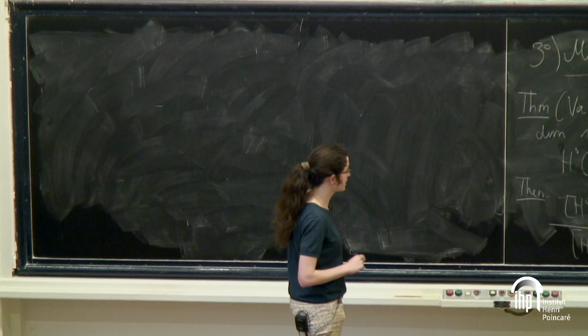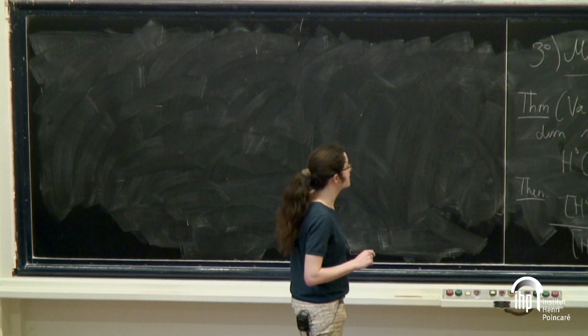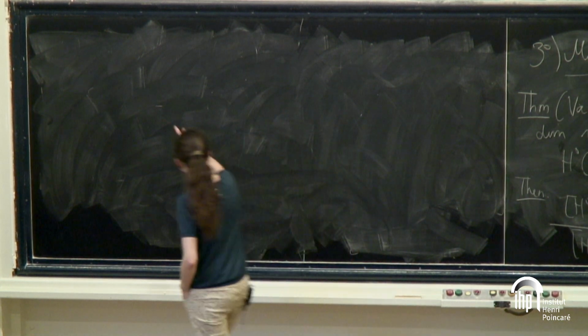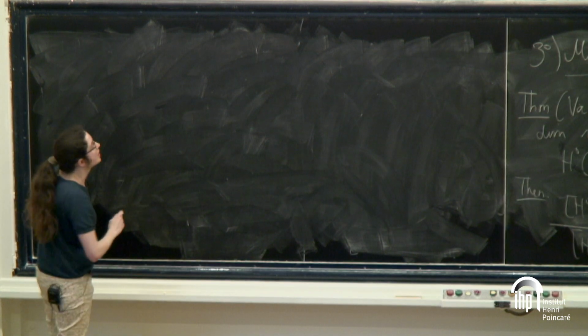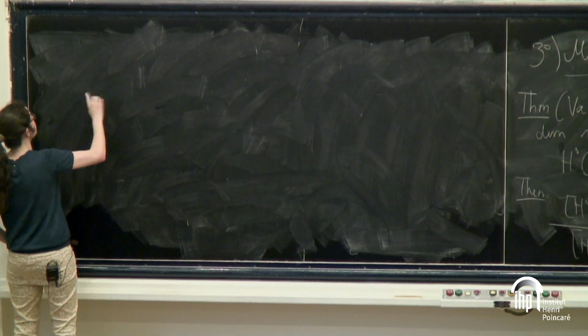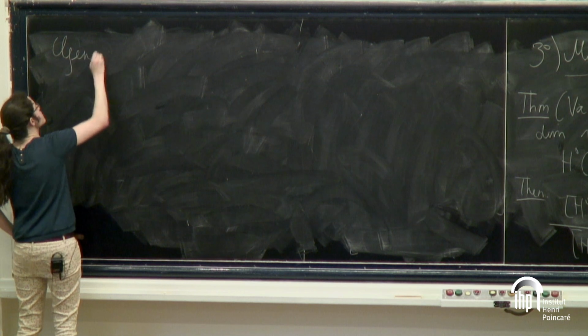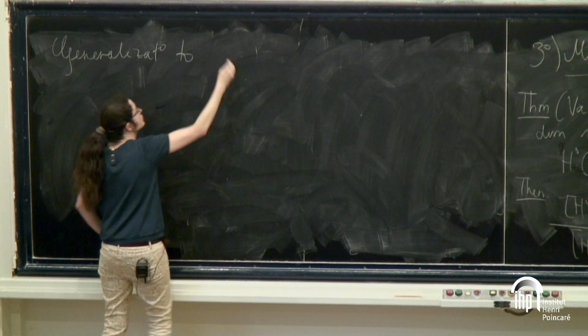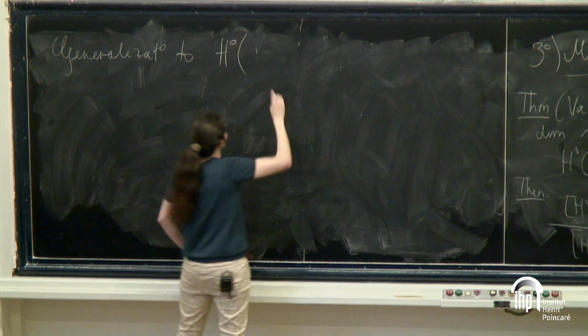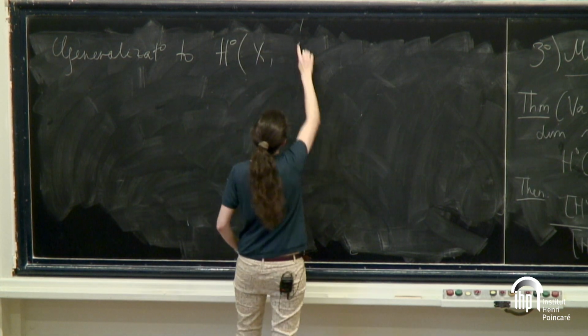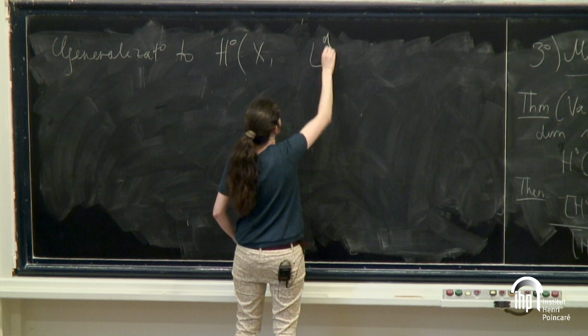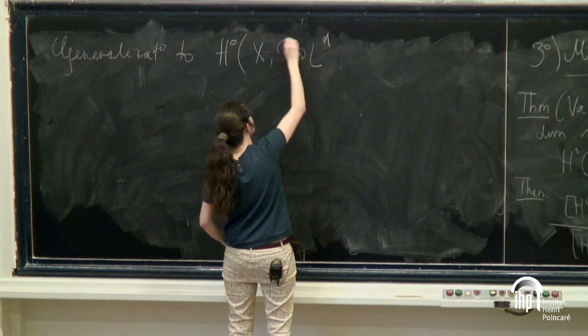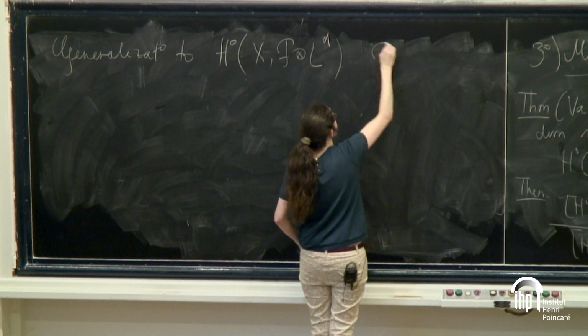But one other thing that I want to mention is that we actually generalize this. There's a generalization that is possible to sections of X where I have not only a line bundle, but I twist the line bundle by some coherent sheaf.